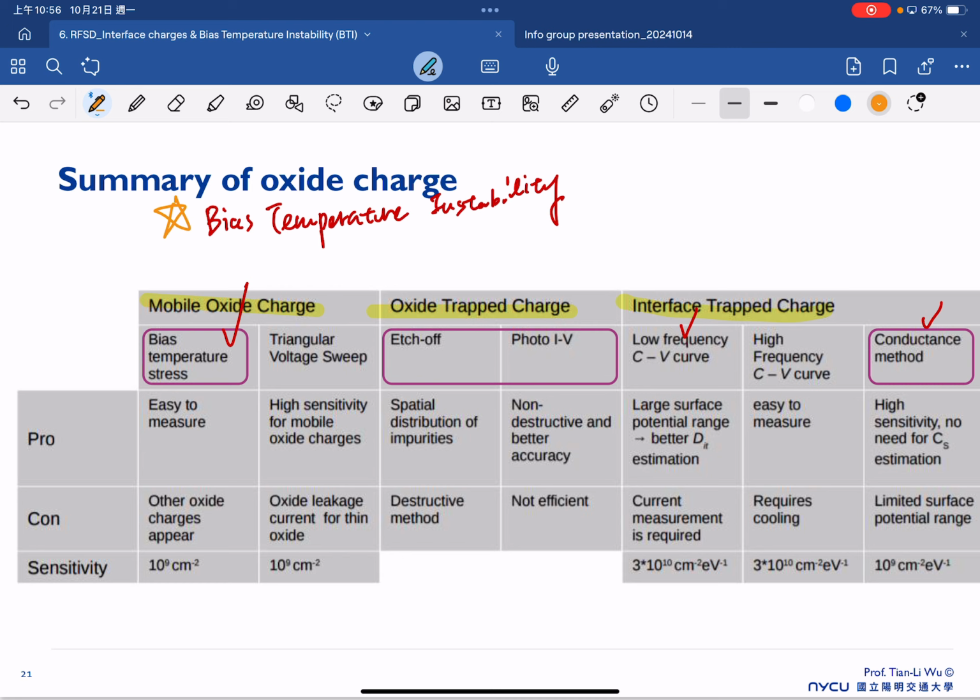Then you won't be confused about the correlation between the interface charge or the oxide trap charge, and why the characterization is different. Because now the overall goal is to understand the BTI, and BTI can be related to all these terms.